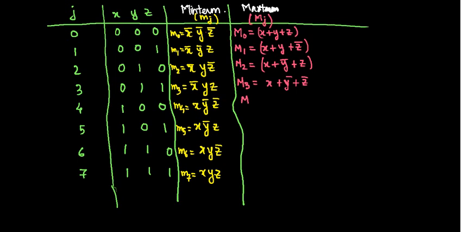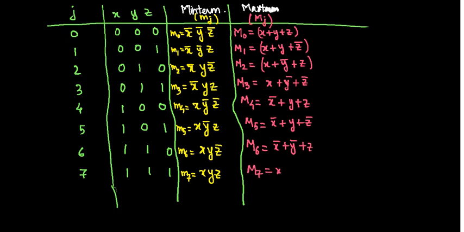Then x bar y z, and 5: x bar y plus z bar, and 6: x bar y bar z, and 7: x bar or y bar or z bar. So this is homework for you.